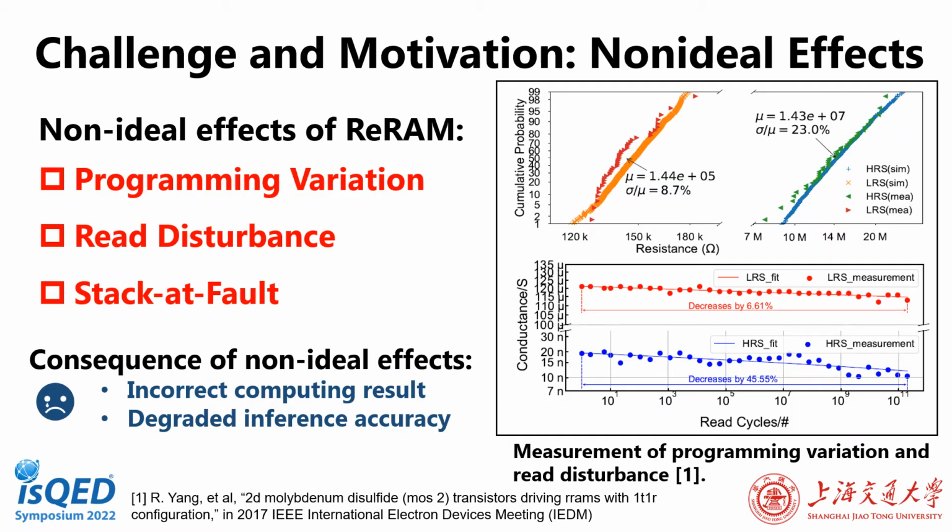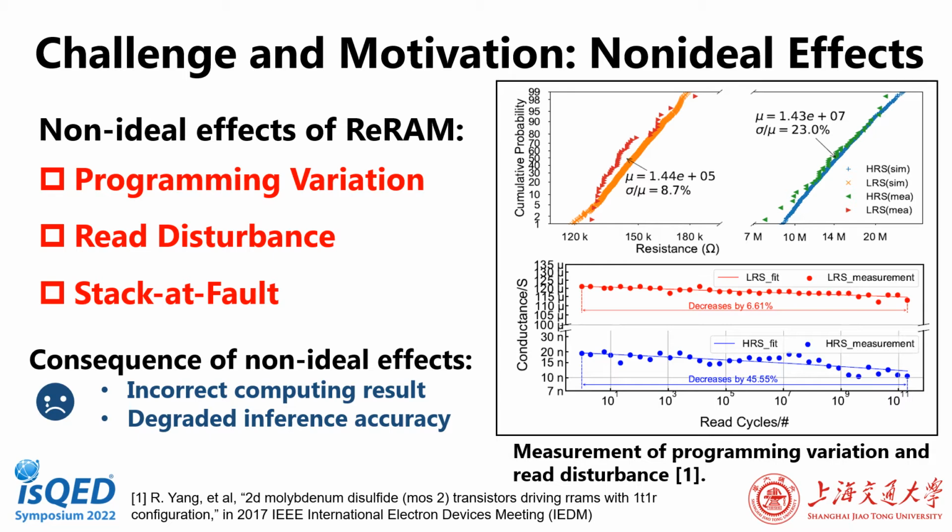However, the ReRAM-based PIM is still far from practical usage, mainly for the non-ideal effects caused by immature manufacturing. The commonly known non-ideal effects are listed as the programming variation, the read disturbance, and the stuck-at fault. The programming variation means the programmed resistance is different from the target resistance.